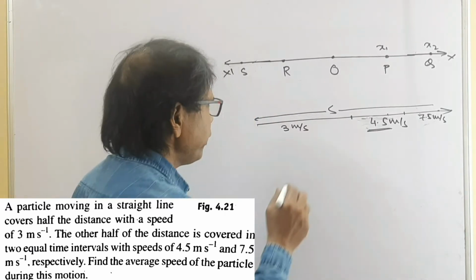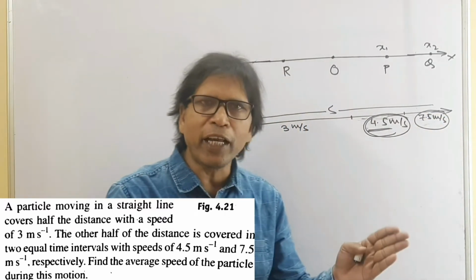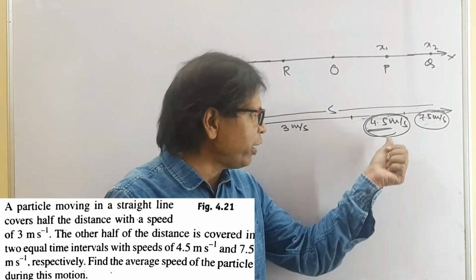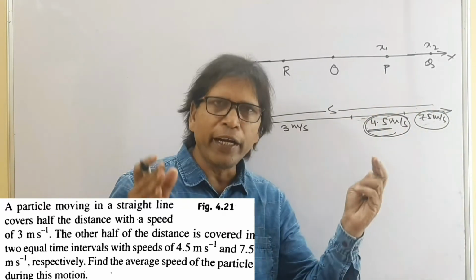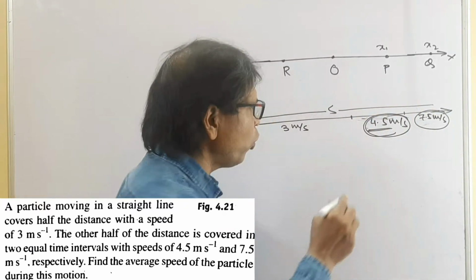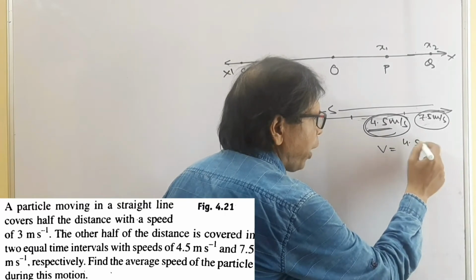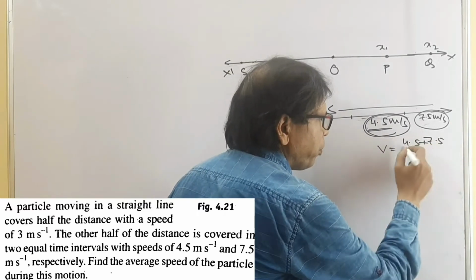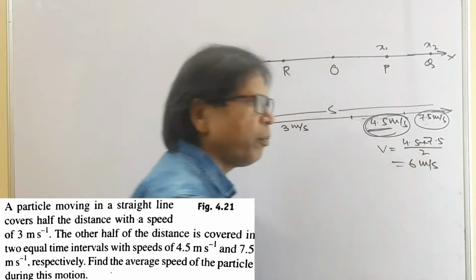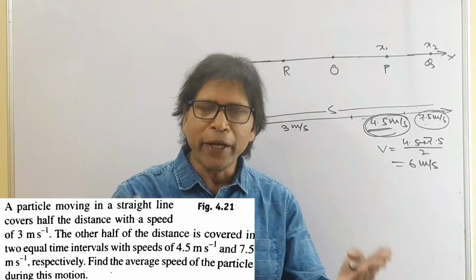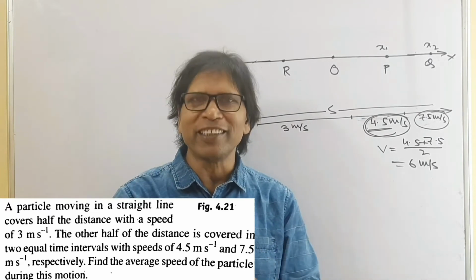Now this speed and this speed are for the same time interval, because it is half the time for the next half of the journey. So the average speed is 4.5 plus 7.5 divided by 2, which is 6 meter per second, because we know the average speed for equal time is v1 plus v2 by 2.